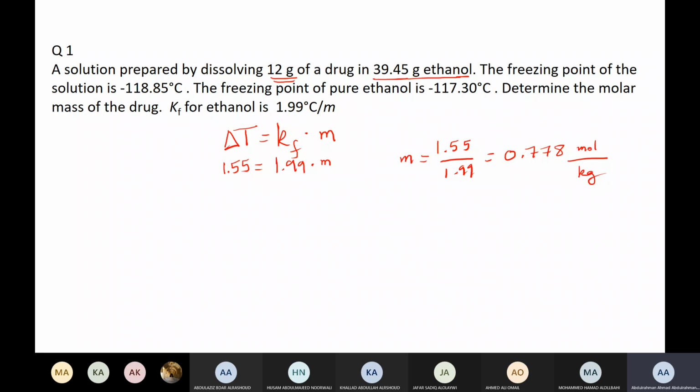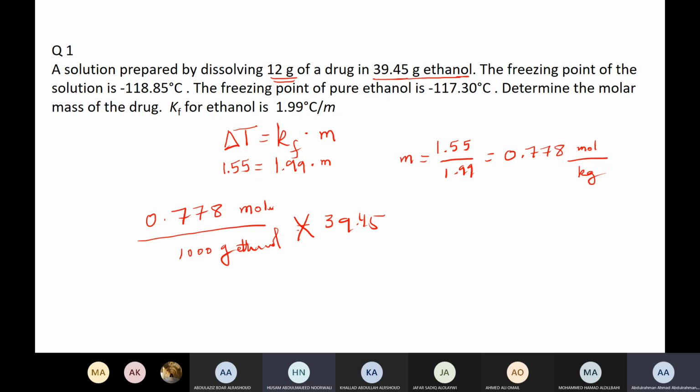Then how many moles do we have? We have 0.778 mole divided by 1,000 gram ethanol. Now, if I multiply it by 39.45 gram ethanol, the gram ethanol will go with gram ethanol, and you have the answer.